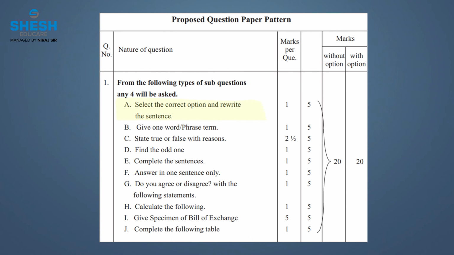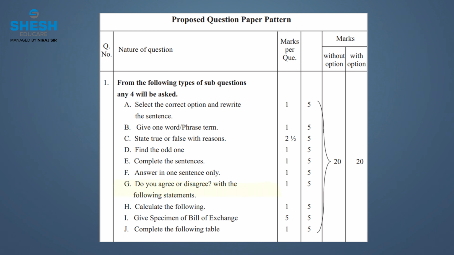But any 4 out of what type of questions? That's what I am discussing. A could be select the correct option. B could be give one word. C could be true or false. D could be find the odd one. E could be complete the sentence. F could be answer in one sentence.